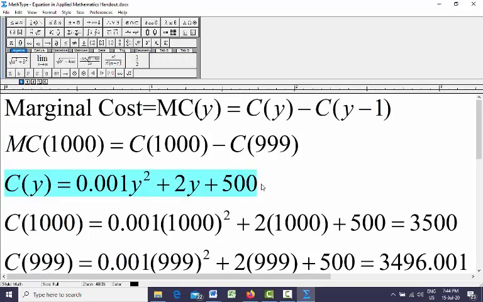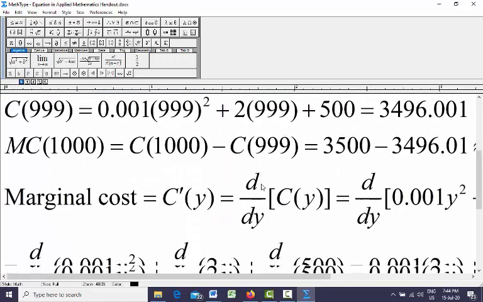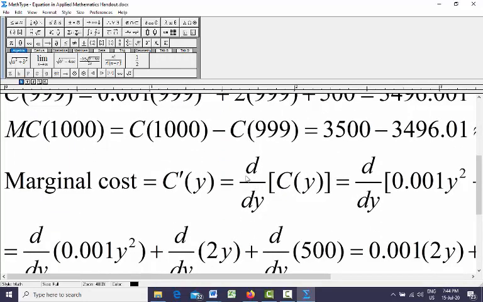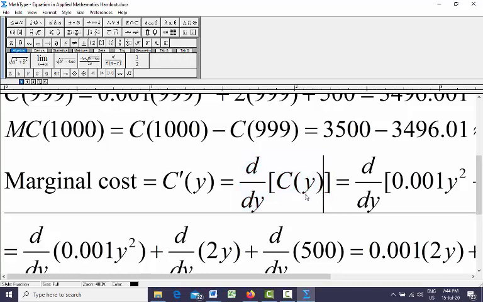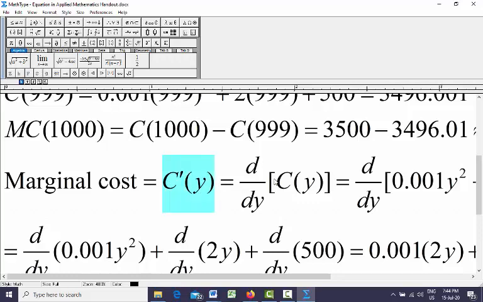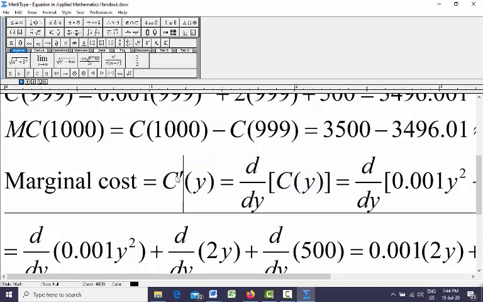If you do differentiation of the total cost function, you will get the marginal cost function, which can be denoted as C prime y, because this is the original cost function, and if you do differentiation you will get prime, so that means C prime.